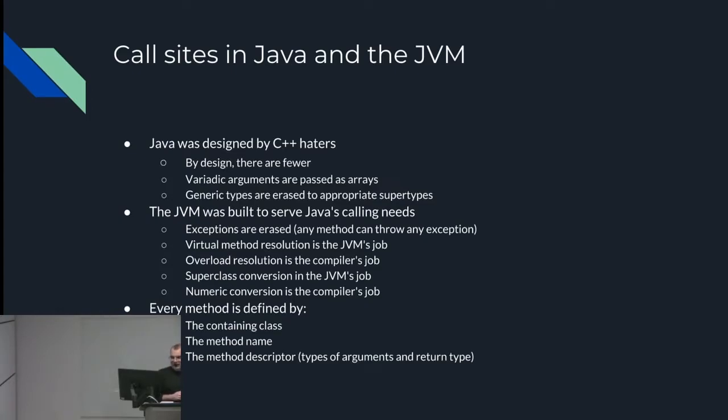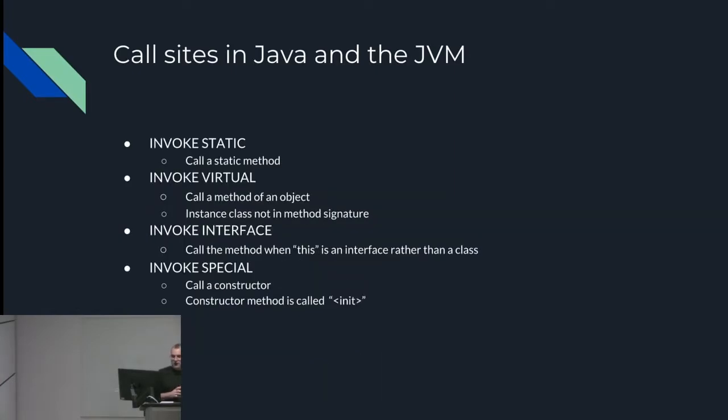So every method in the JVM is defined by three things: the class that it lives in, the method name, and the descriptor. That is the type of the arguments and the return type. And I will show you those. So the JVM has four different invoke bytecodes that allow it to call a method. Invoke static, which is for calling a static method. Invoke virtual, which is for calling pretty much any method on an object.